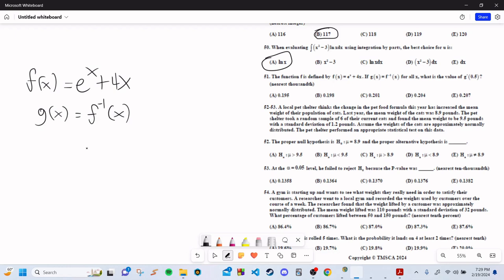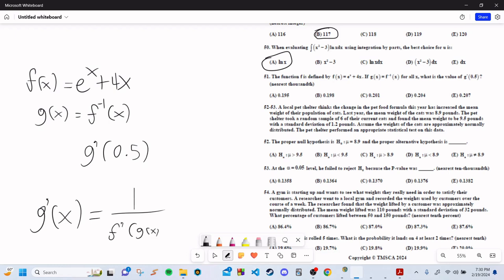And so we want to know what the value of g prime of 0.5 is. So to get the derivative of an inverse function at a point, let's call the inverse g of x, right? The derivative is going to be 1 over f prime of g of x. So this is the formula to know.